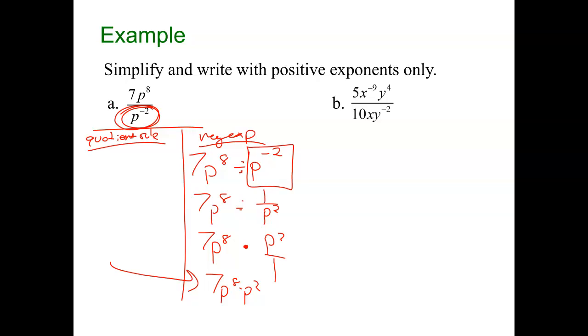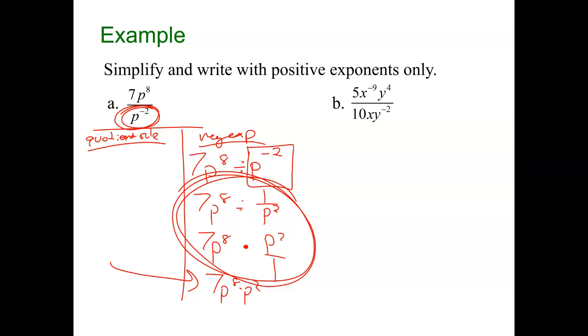If you have a negative exponent in the numerator, make it positive and move it to the denominator. So that negative exponent, when we write the reciprocal, just moves it from one side of that fraction bar to the other. That's all that this work proves. That exponent rule. We're just moving it from one side of the bar to the other and making it positive.